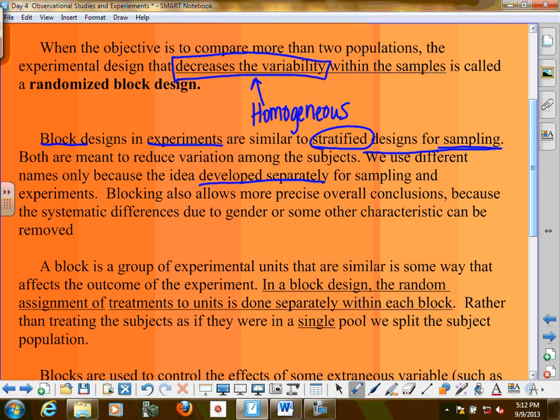Of course, this happens because then you can have precise overall conclusions, accounting for differences that are occurring because of gender or some other characteristic that you need to deal with.